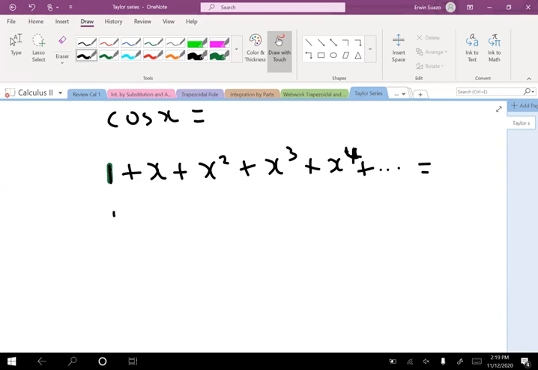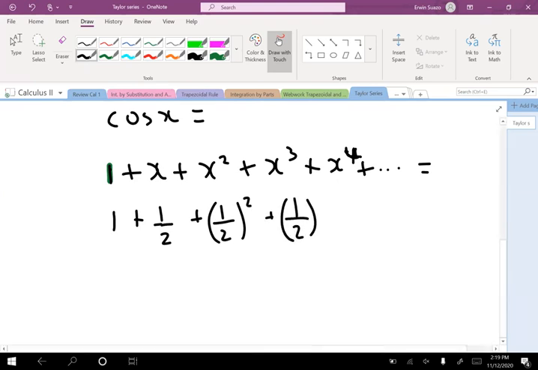So what about this? Let's put 1 plus 1/2 plus 1/2 squared plus 1/2 cubed plus 1/2 to the 4, and so on. What is this series? Somebody is telling me geometric.